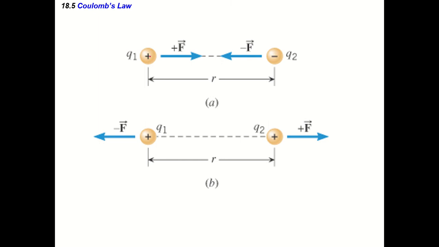Our sign convention here: if the force goes to the right, we have a positive force, and going to the left, a negative force. They are separated by a distance equal to r. If the charges are both positive, you see the direction of the arrows, they repel, they're not attracting each other.